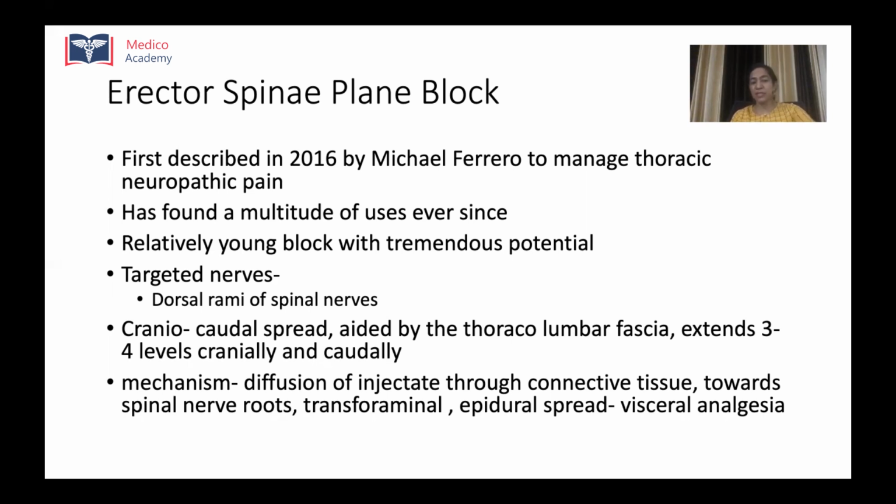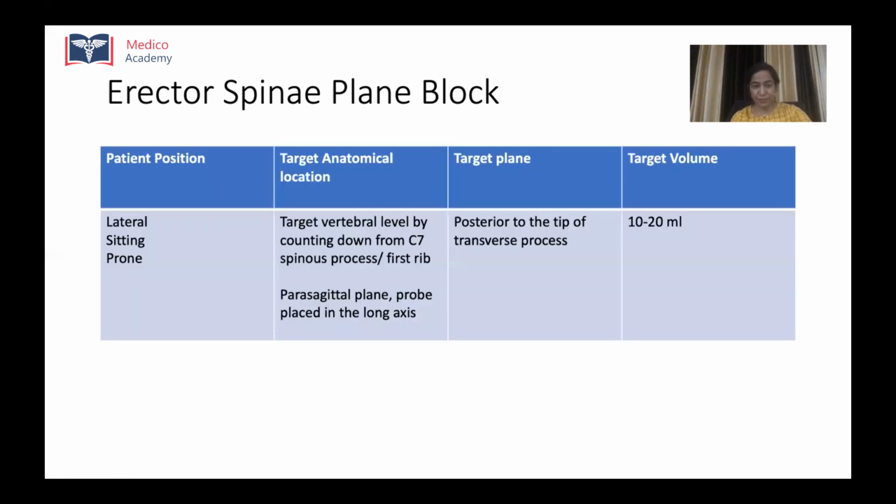The targeted nerves are basically the dorsal rami of the spinal nerves, but because the space is continuous and the fascial plane is continuous, it will even spread transforaminally into the epidural space and eventually cover visceral analgesia as well. There is craniocaudal spread aided by the thoracolumbar fascia, and it extends 3 to 4 levels cranially and caudally.